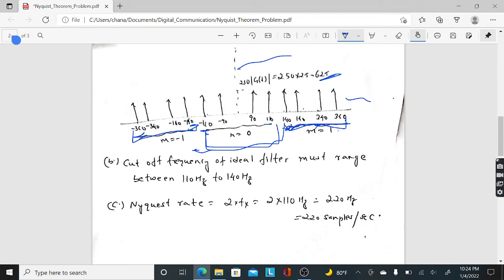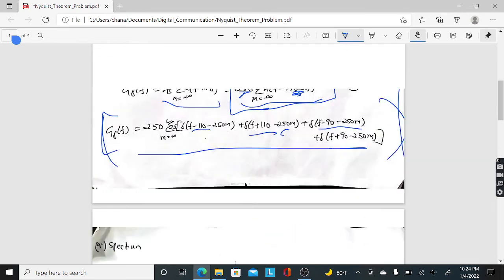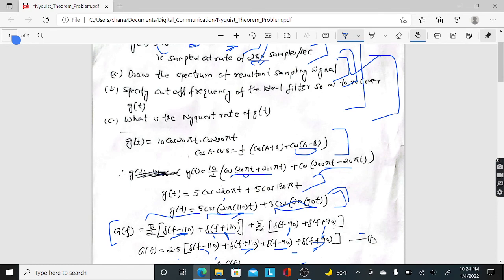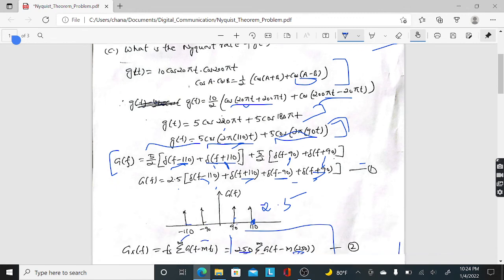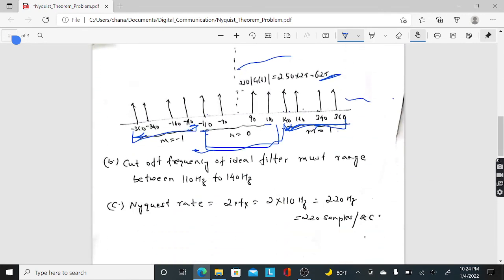Very similar to the derivation we did, just that instead of a triangle, the spectrum here looks like four impulses. Now the second part of the question: specify the cutoff frequency of the ideal filter so as to recover g(t). It's very straightforward. You can see that this part is nothing but G(f). So for me to recover G(f), I should reject everything else and allow just these four frequency components through, which means my ideal filter cutoff has to be somewhere between 110 and 140.